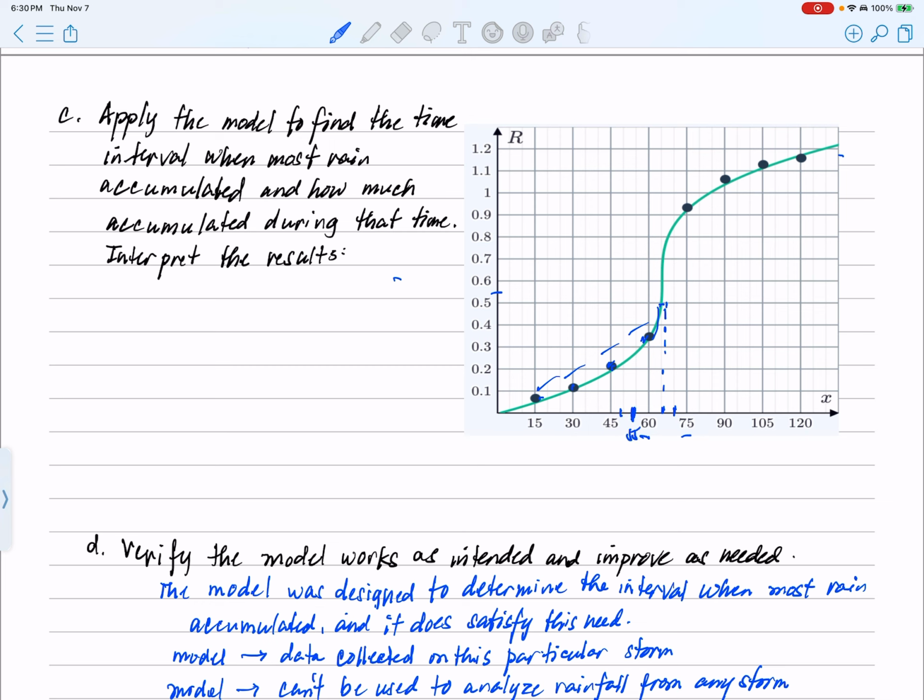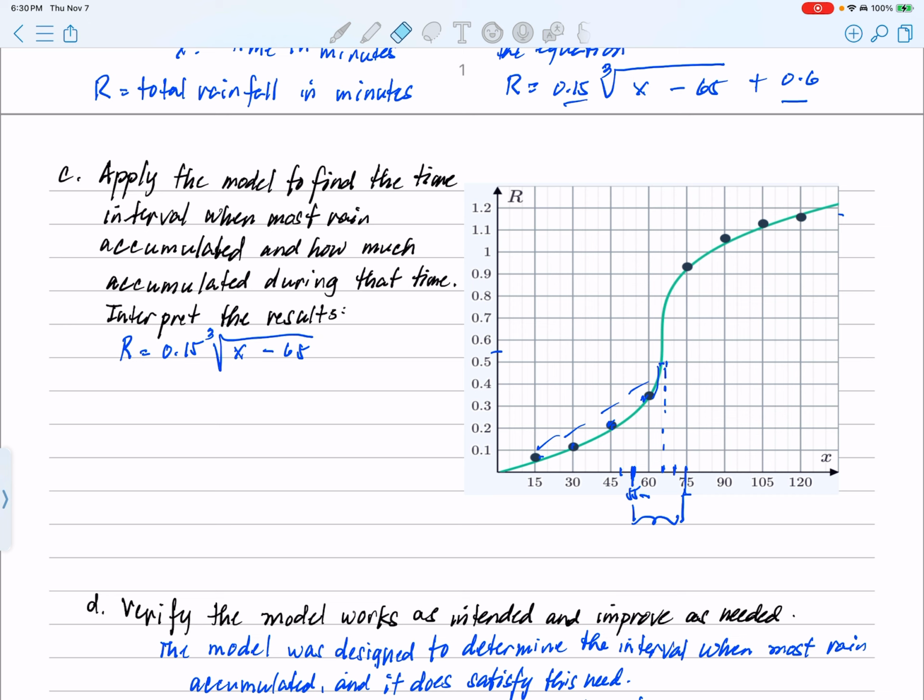So substituting this value, we're going to use the function that we used, 0.15 cube root of x minus 65, then plus 0.6.